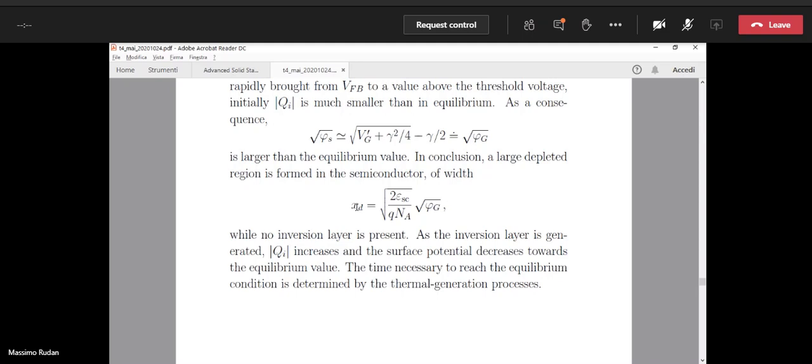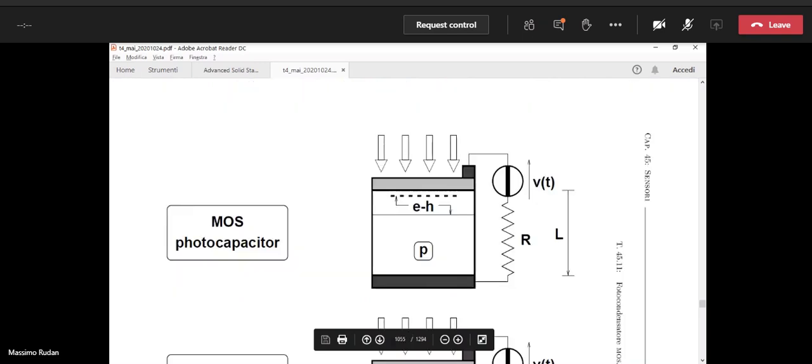Now, let's go back to the photocapacitor. What is the difference between the photocapacitor and the capacitor? The difference is that we have in parallel two generation phenomena.